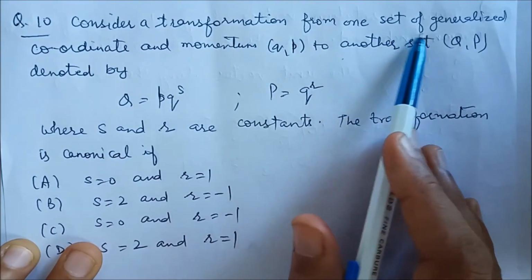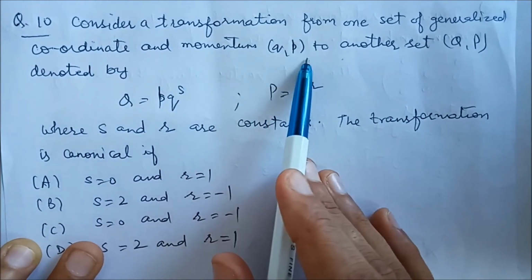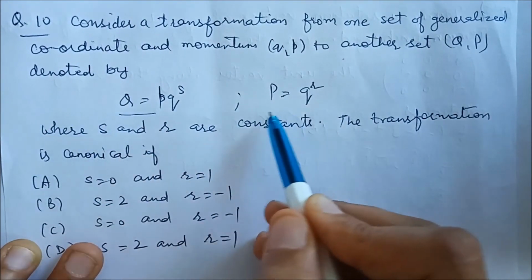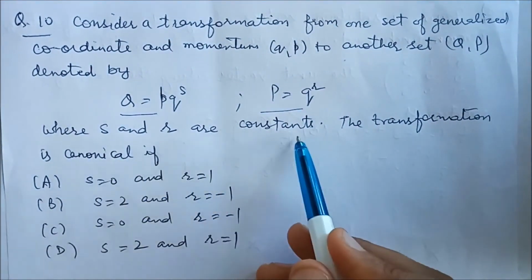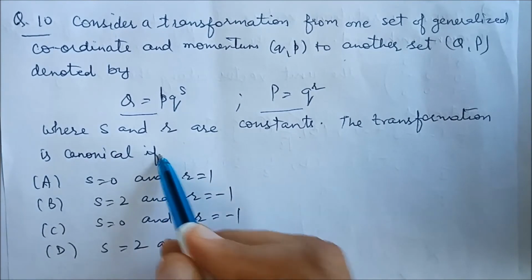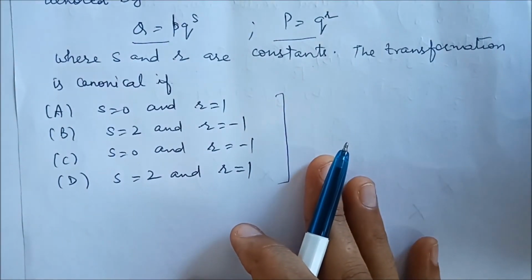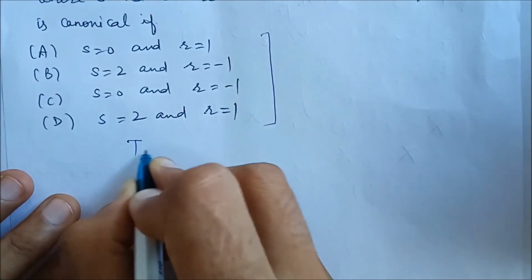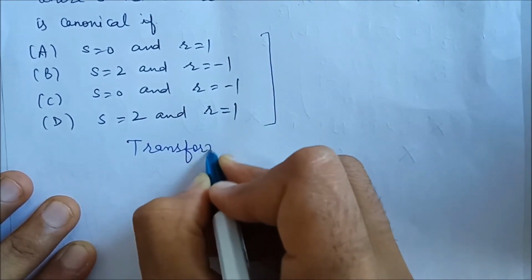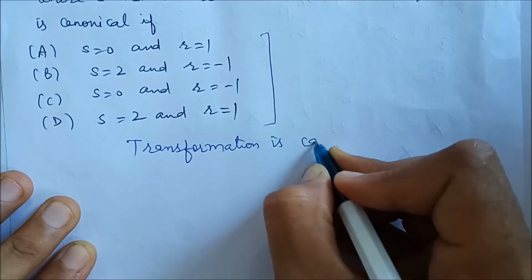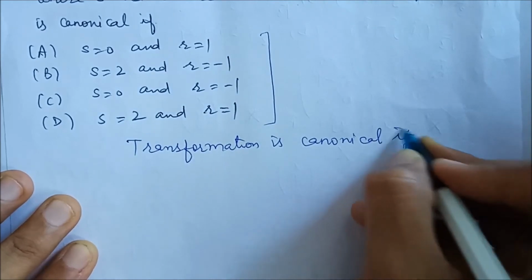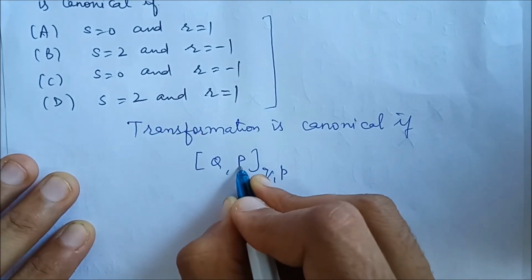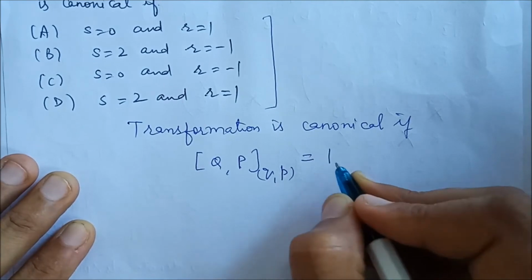Consider a transformation from one set of generalized coordinate and momentum q, p to another set denoted by capital Q and capital P, where S and R are constants. The transformation is canonical if... So you have to check for which S and R values the transformation is canonical. You know the condition that a transformation is canonical if the Poisson bracket of Q, P, where this is capital P and this is small p, is equal to 1.